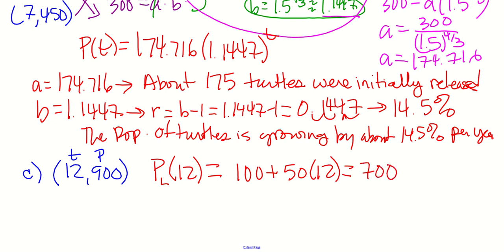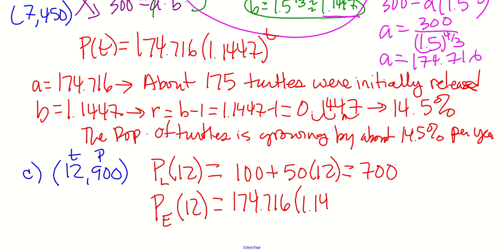If I take this point and I plug it into my exponential model, then I plug 12 into the equation, which is 174.716 times 1.1447 to the 12. And I make that substitution and I get 884.5.